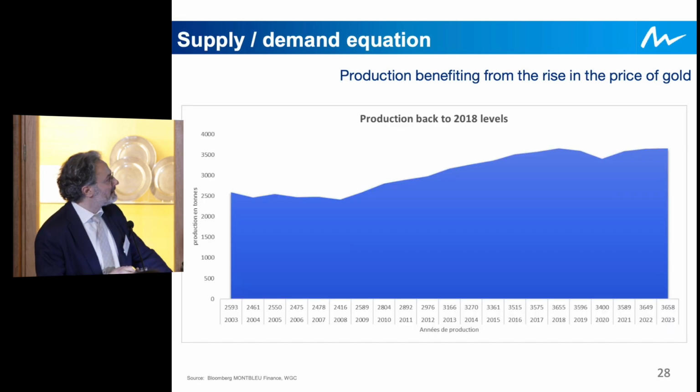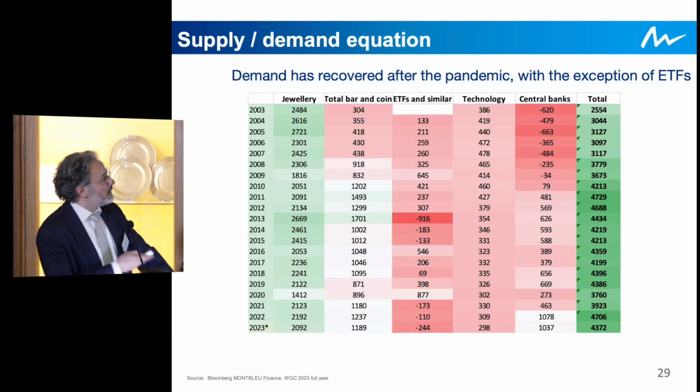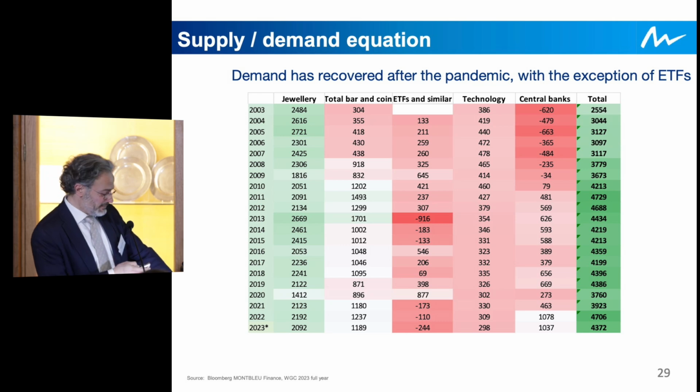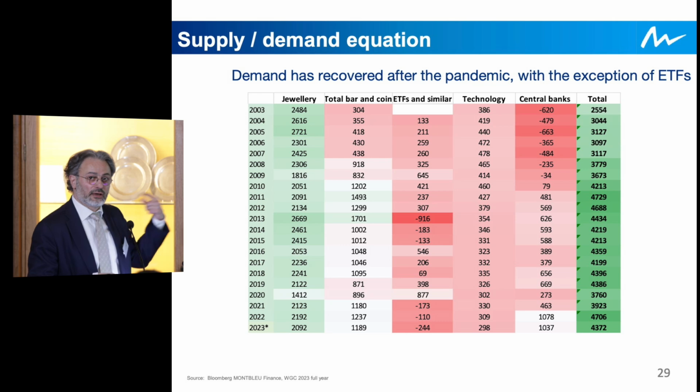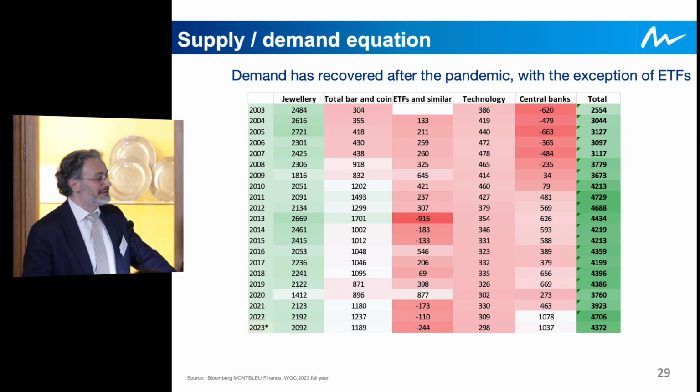Production is more or less flat, and one point about gold is that ETFs, the demand for speculative investments, is still very negative. When this number starts turning around, you will see an even higher price of gold. Right now, the speculative demand is still negative.